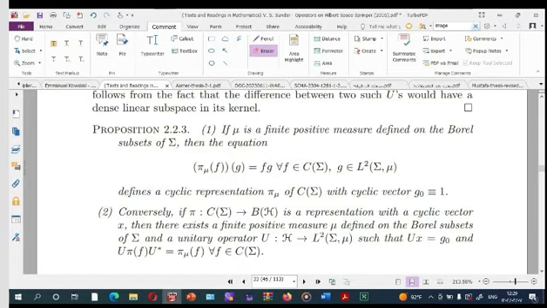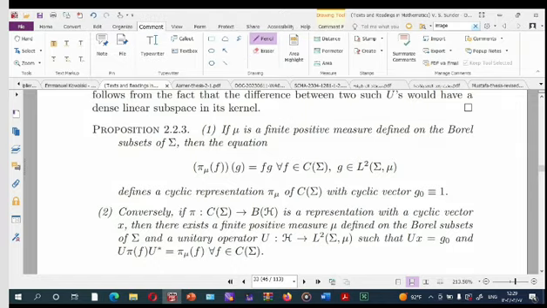So please note that we have a positive measure and we define a representation.